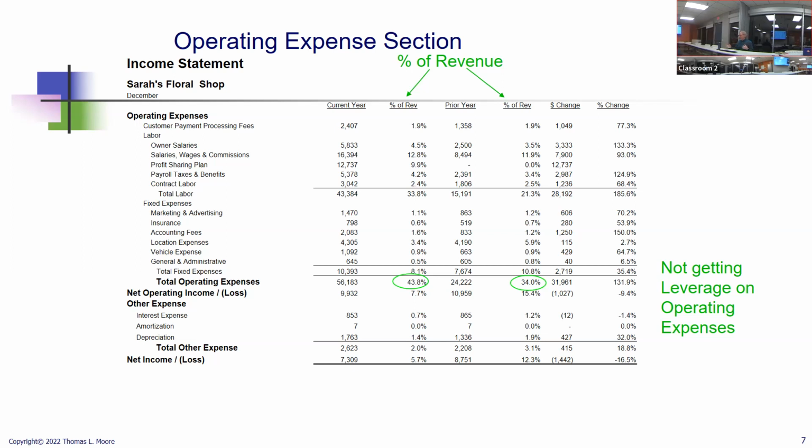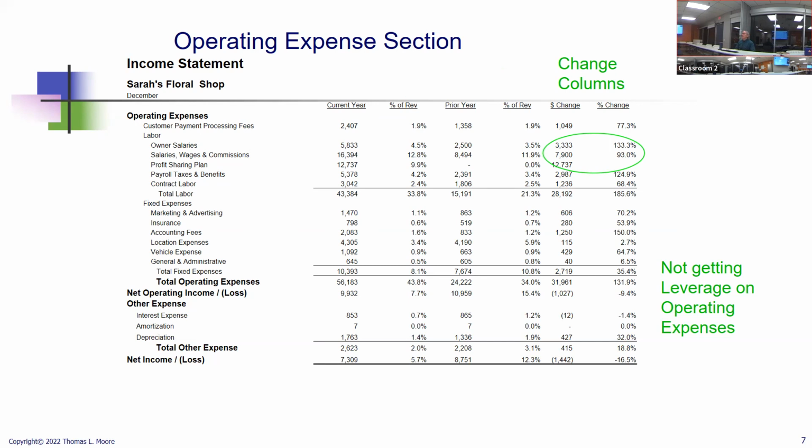Well, what do you do about that? One of the things we can do is take a look at the detail, and figure out why we had higher operating expenses this year versus last year. And of course, the way to do that is to look at that change column, right? That percent of change and the dollar change. So the first thing we see is that the owner, supposedly that's Sarah, has given herself a raise, right?